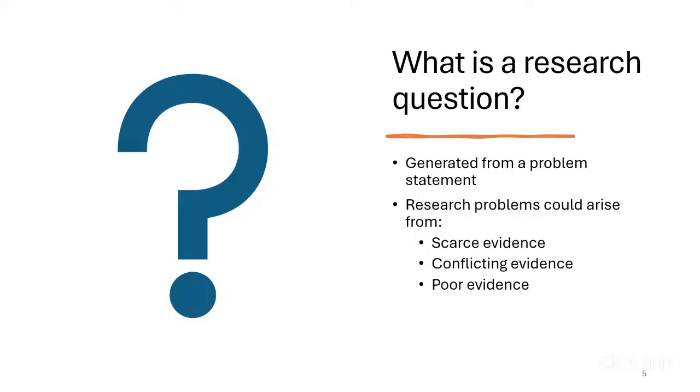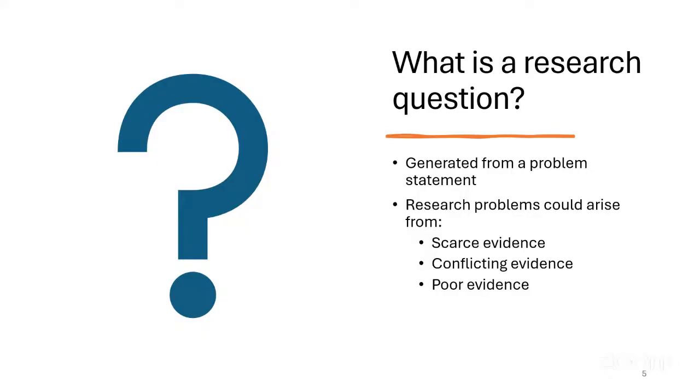So, like we said, the research question is generated from a problem statement. So there's a problem you have discovered, then you need to write the research question to put this problem in black and white, in an understandable, clear, focused, and concise manner.